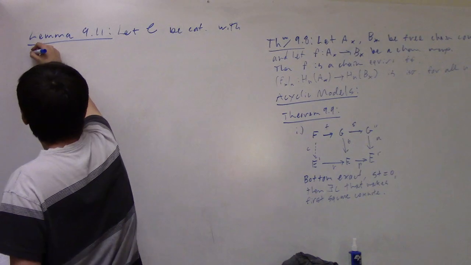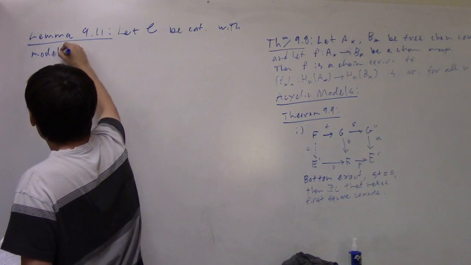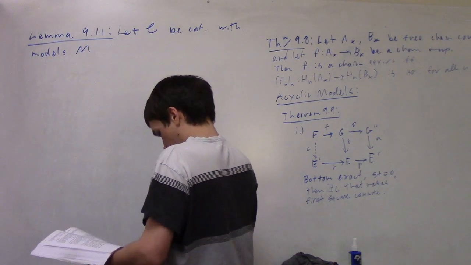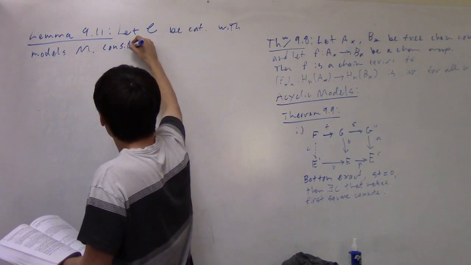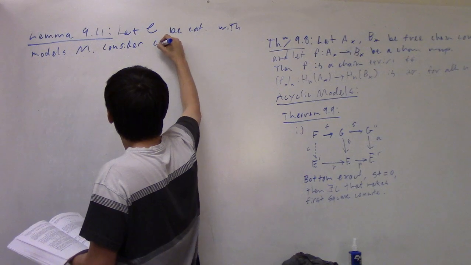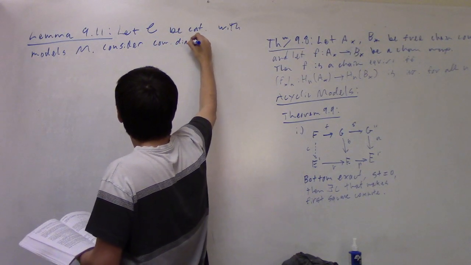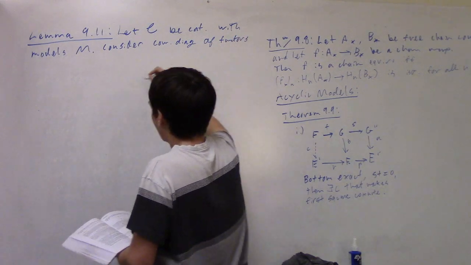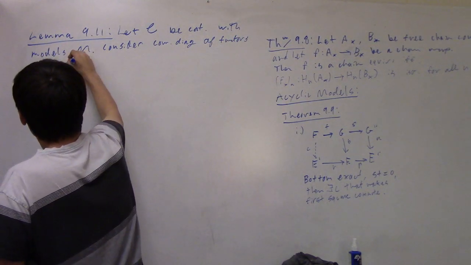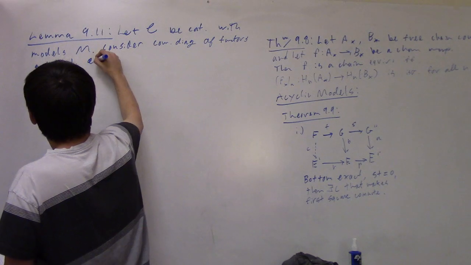Category with models M. Consider a unit diagram of functors and natural equivalences.